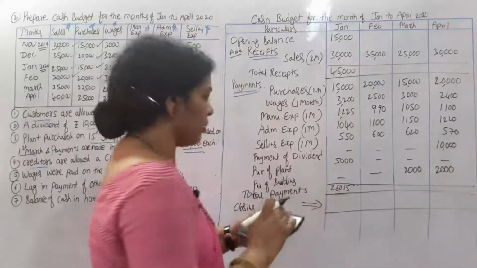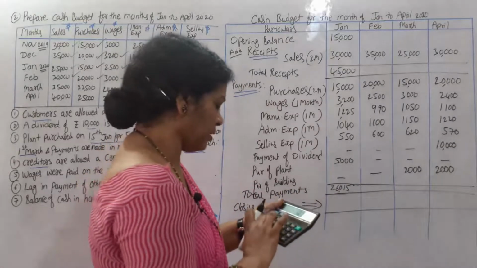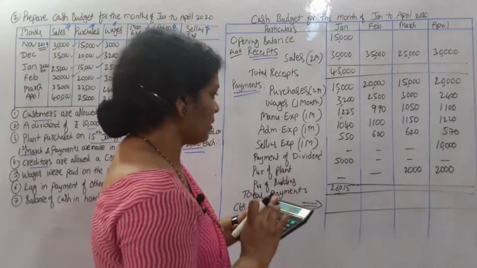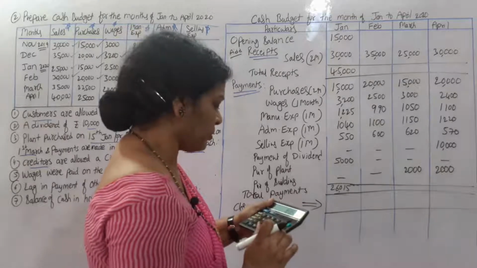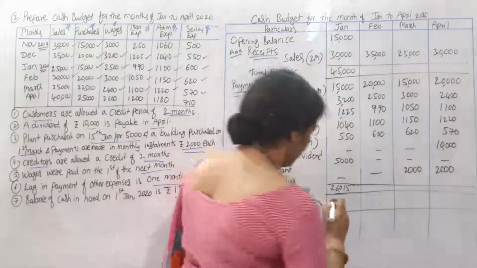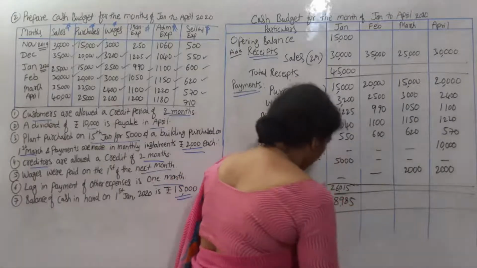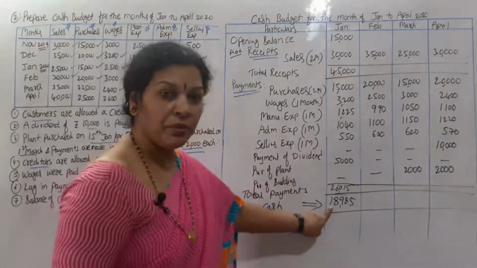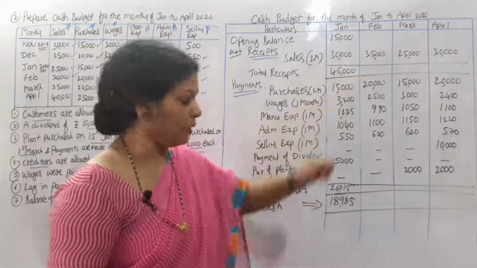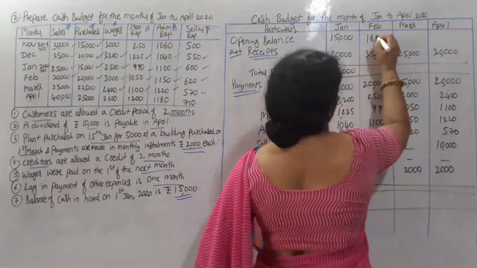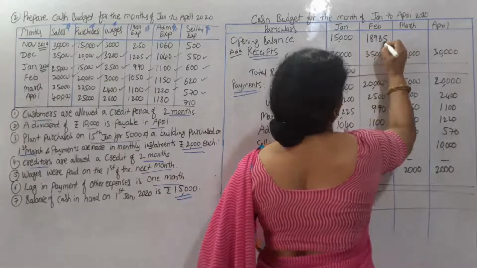The difference between 45,000 minus 26,015 rupees comes to 18,985. This is closing cash. That will be the opening cash of the next month. So 18,985.